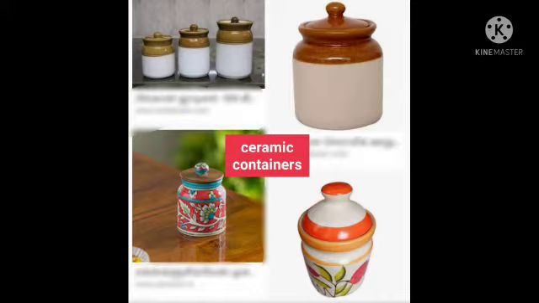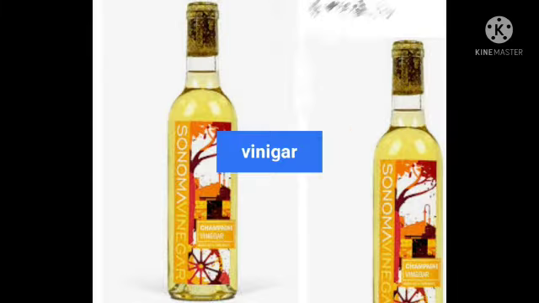Then we learned the properties of acids. Acids are sour to taste and are corrosive in nature. We should handle acids with care, because they can burn human tissues upon contact and damage clothes, paper, etc. The second property: acids are soluble in water.